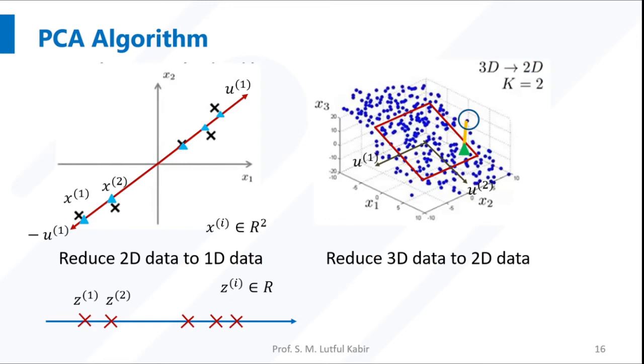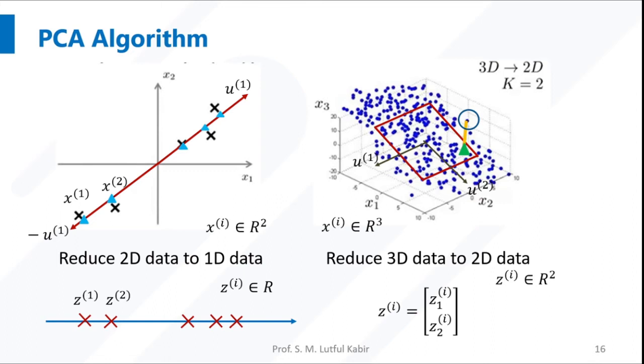In case of three-dimensional data, if you want to convert it into two dimensions, you need two vectors, u1 and u2, and those two vectors constitute a plane, and you project all data on that plane. xi is of order 3, but zi will be of order 2.